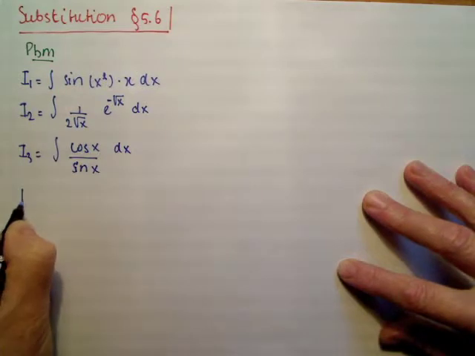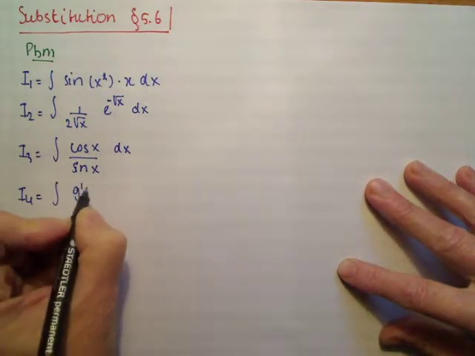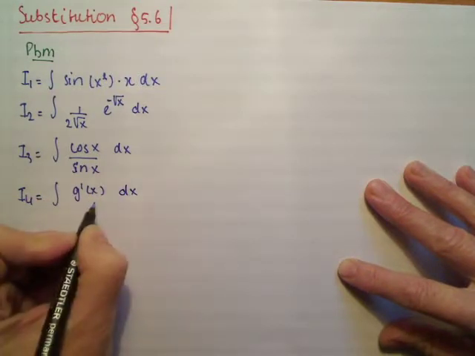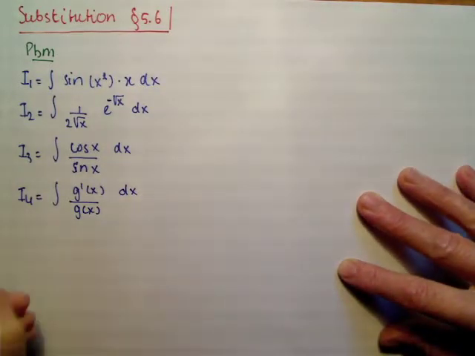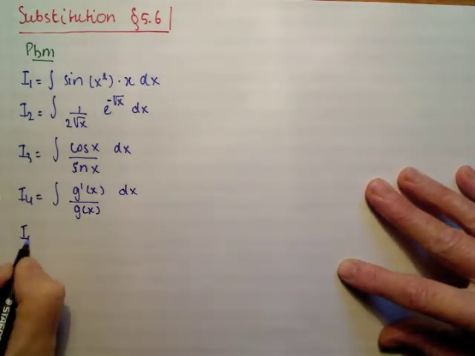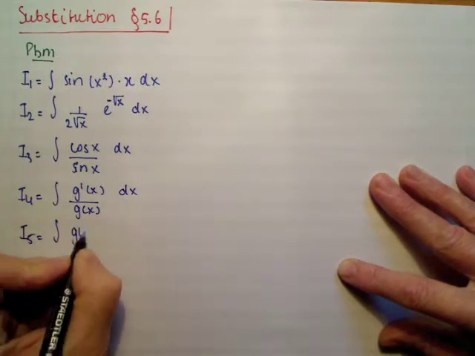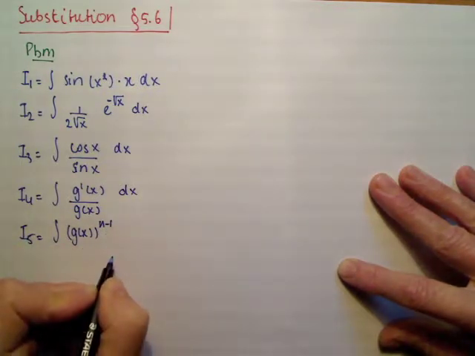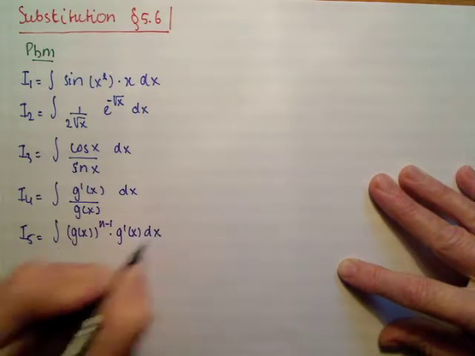The fourth is the question how to compute the primitive of the function g prime of x over g of x, where g of x is some unspecified function. And the fifth one is a similar question, namely to compute the primitive of the function g of x to the power n minus 1 multiplied by its derivative.